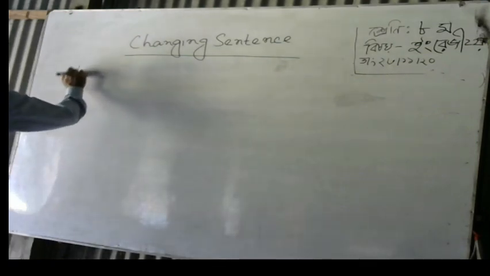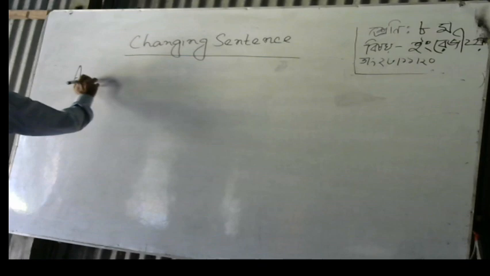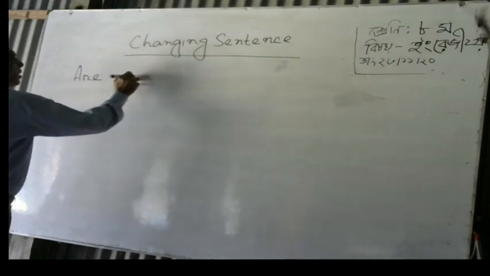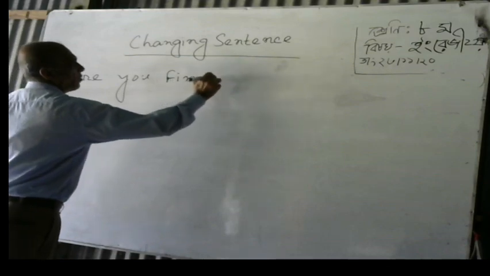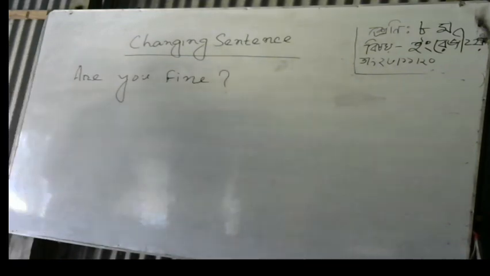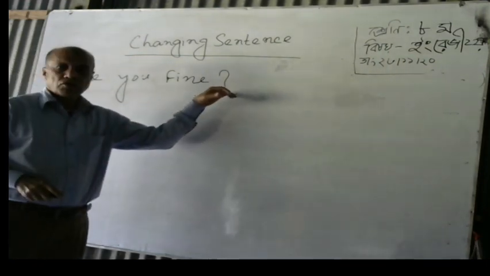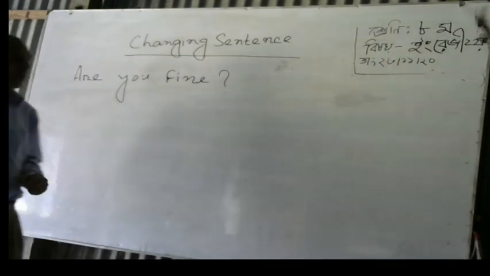Suppose I ask you, are you fine? Are you fine? This is a question. How can we say? You will get a question mark at the end of the sentence.